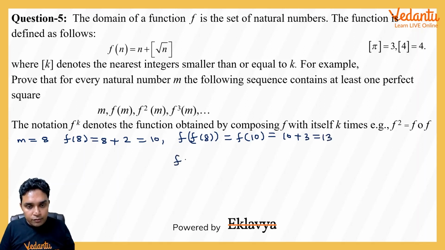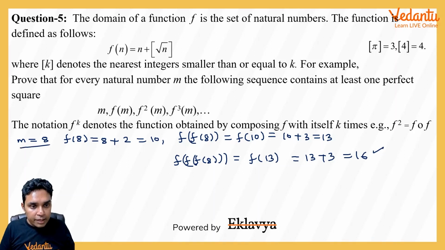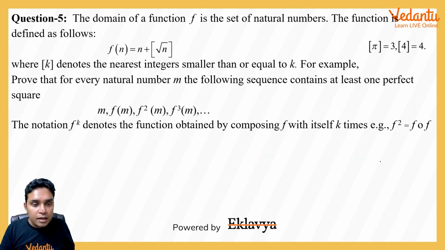Now if we take f once again, f³ of 8 is f of 13. So this will be 13 plus 3, which comes out to be 16, a perfect square. So we have done it 4 times, but we have got a perfect square. That is what we are supposed to prove, that for any natural number it will always reach a perfect square. Now to prove this, let us do it in a general method.